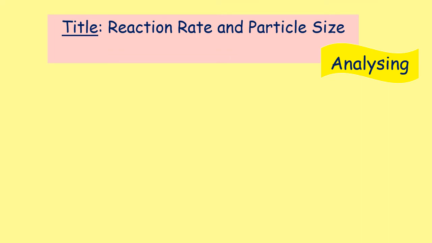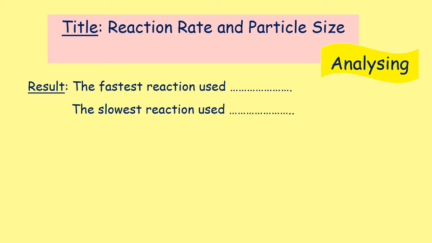When we do this experiment, we look for which one stops bubbling, stops fizzing first. And we keep measuring all of them until they've finished fizzing. What you should find is that the fastest reaction, the one that stopped fizzing first, used powder, and the reaction that kept bubbling for over 10 minutes, I think, was the big lumps.